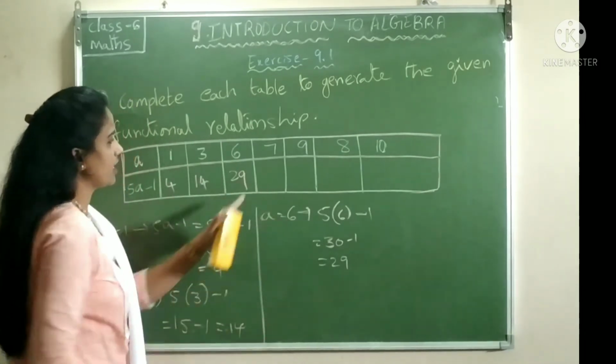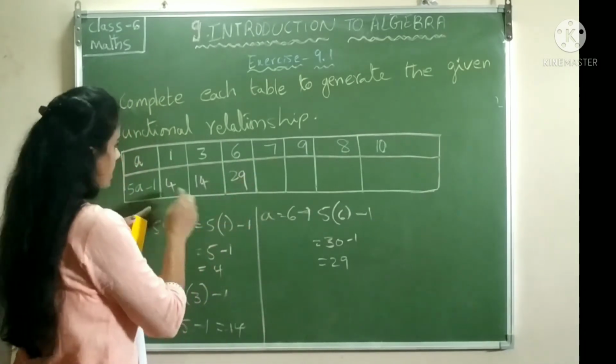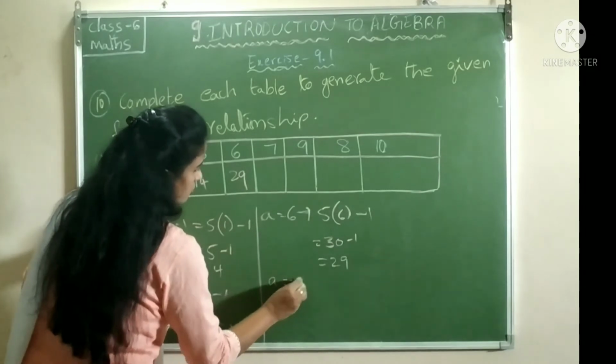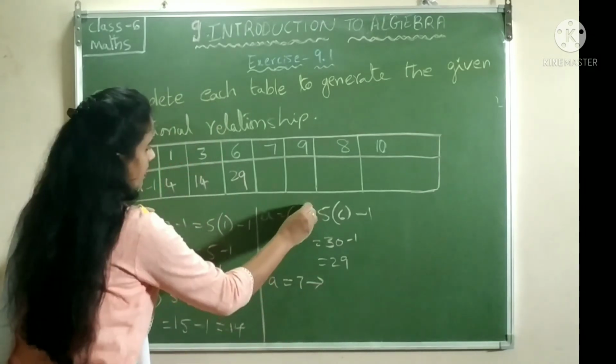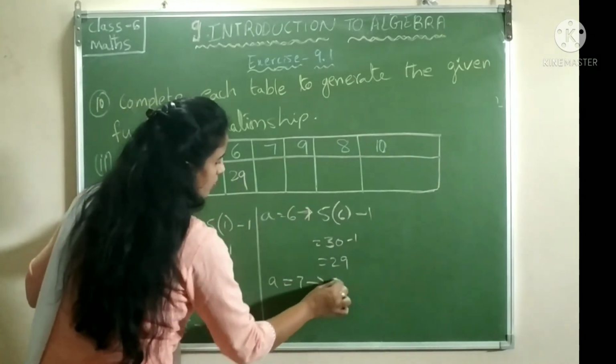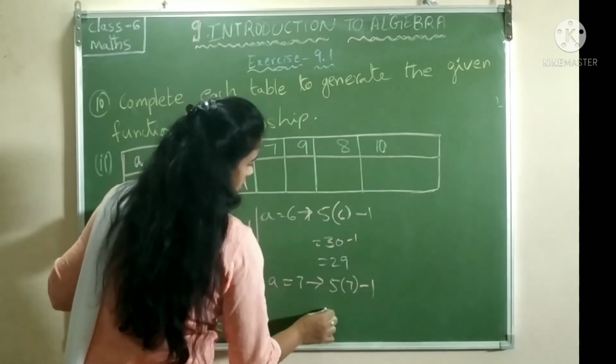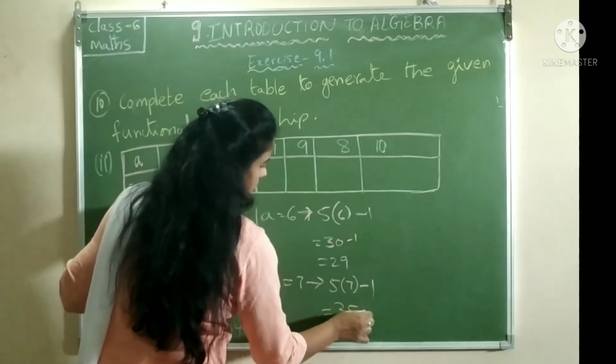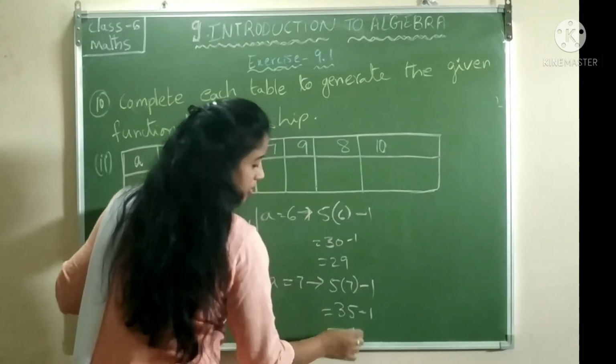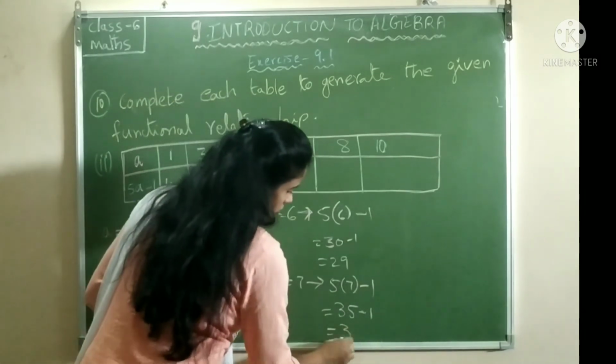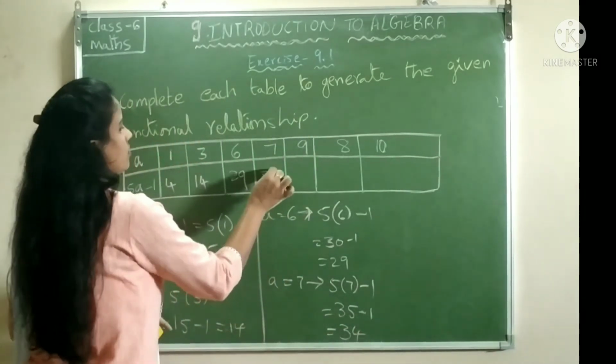Right here 29. Again 7. If a is equal to 7, then 5 into 7 minus 1: 5 sevens are 35, minus 1 is 34. Right here 34.